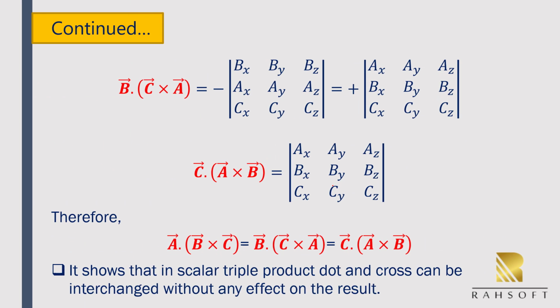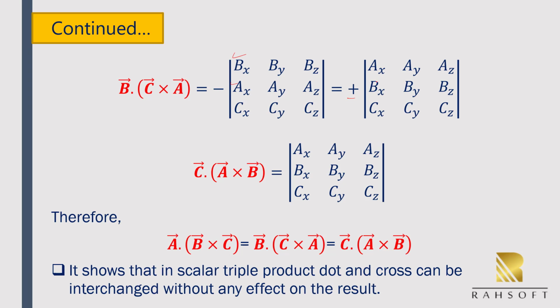It can be noted that from the determinant theorem, if any two rows or columns are interchanged, its value remains the same but the sign changes. I can show you here. B dot C cross A is equal to minus the determinant Bx By Bz, Ax Ay Az, Cx Cy Cz. So just interchange the first row and second row. When you interchange the rows, this minus sign will become a plus sign.